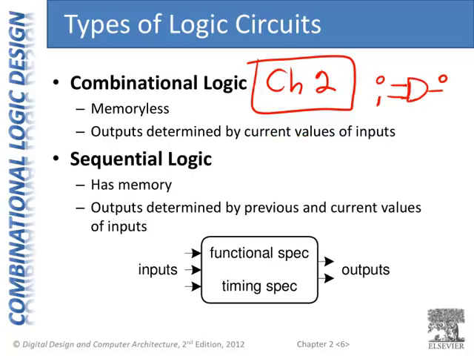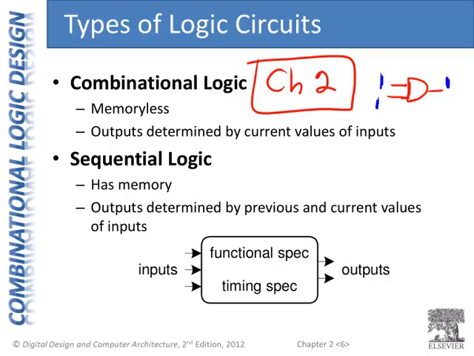Another example, if instead the input values are 1, 1, well, now just by knowing the current values of the input, my output will be 1. So I can completely determine the output values depending on just the current input values.